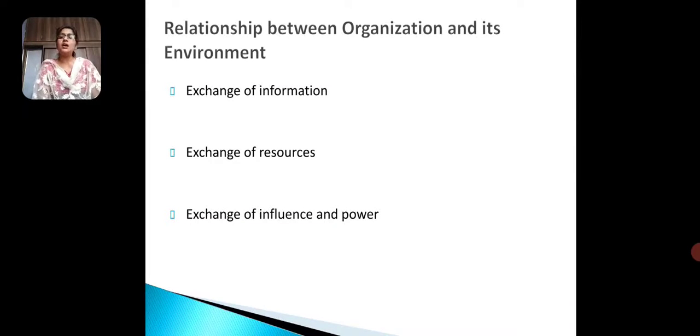So that means the things happening in society have a great influence on the business concern. A business concern has to get influenced or adapt to the changes happening in the environment. Same way, through its products and services, an organization also influences the environment.